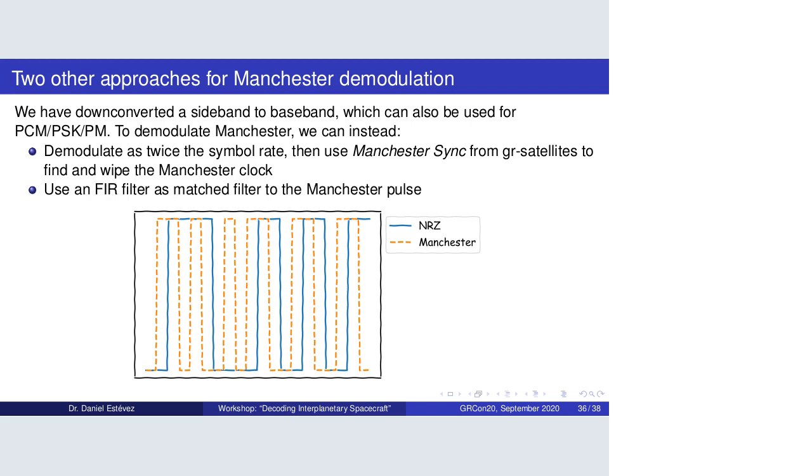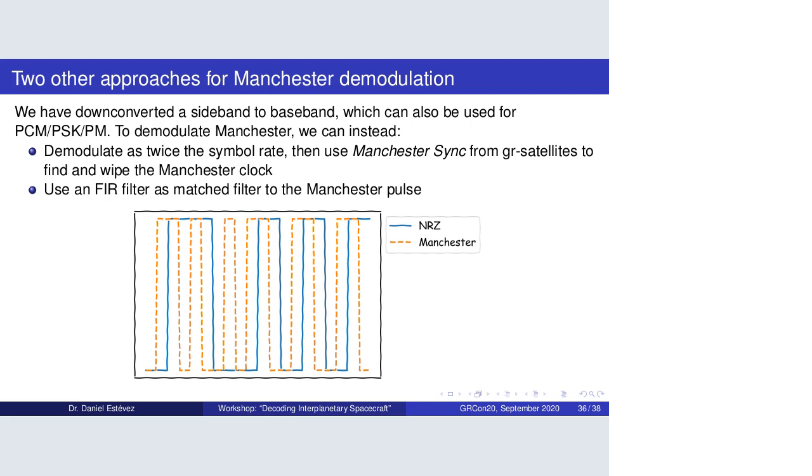Okay, I see there's a couple of questions. Is there a GCC generalized cross correlator block in GR for low SNR sync detection? I'm not sure what a generalized cross correlator is, so maybe if you can explain it, I'll be able to answer more accurately. For just normal cross correlation, you can do it using an FIR filter, as I showed, but this is not optimal.